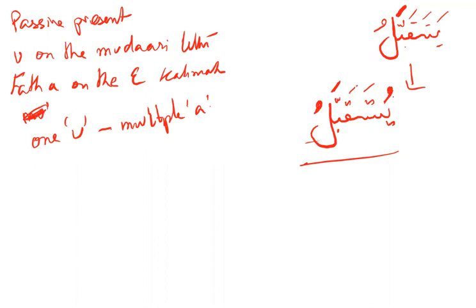Yutaqabbalu. So in present tense passive, you have only one damma and the rest will get fathas. And passive past will be u and i, many dammas and one kasra. That is the difference.